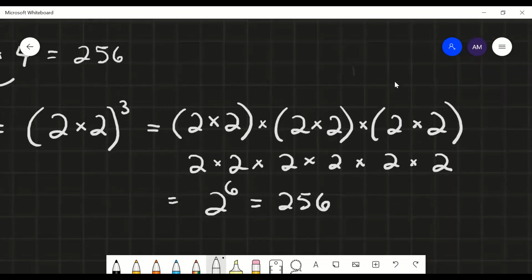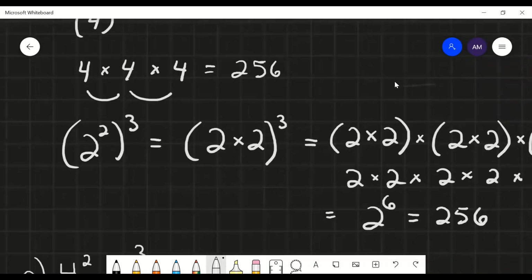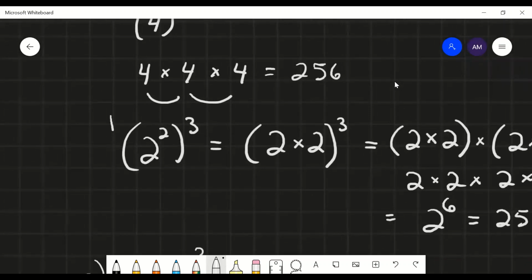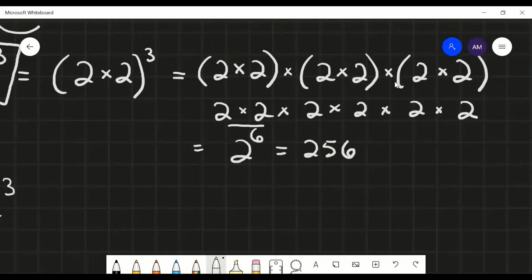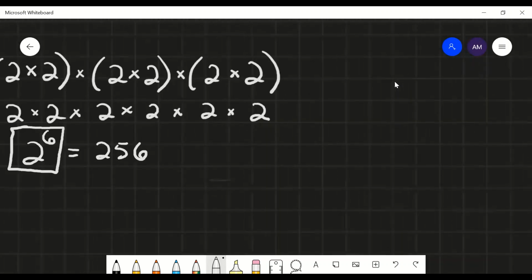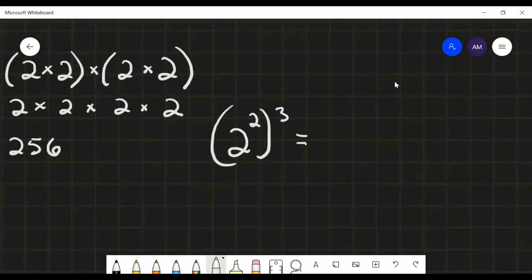I want to see if there's a pattern here. So we started with, what did we start with? We started with 2 squared to the power of 3, and our result was 2 to the power of 6. Now it turns out this worked because 2 squared to the power of 3 is actually a multiplication of the exponents.